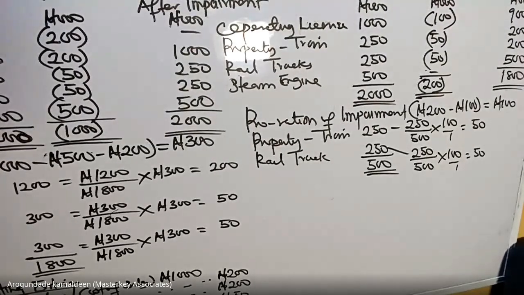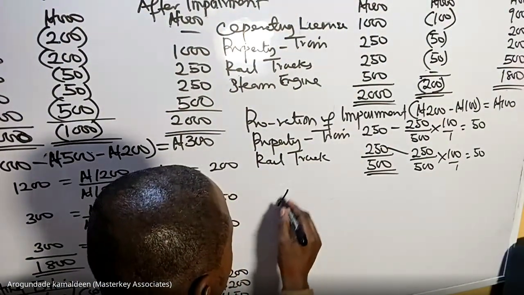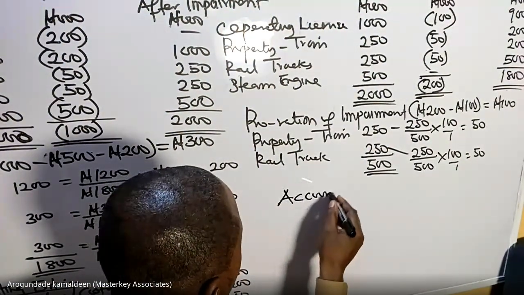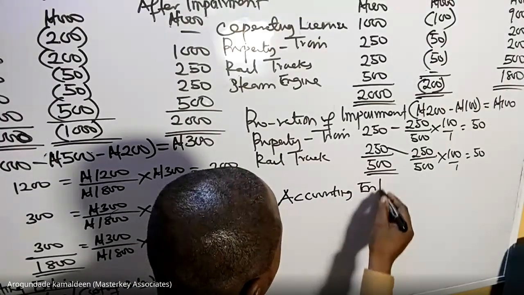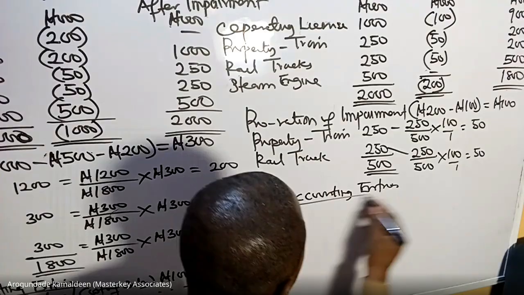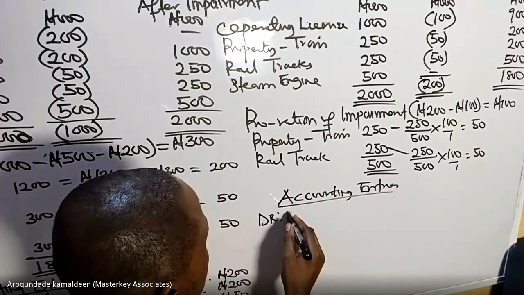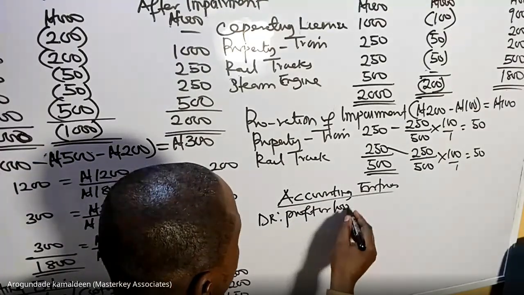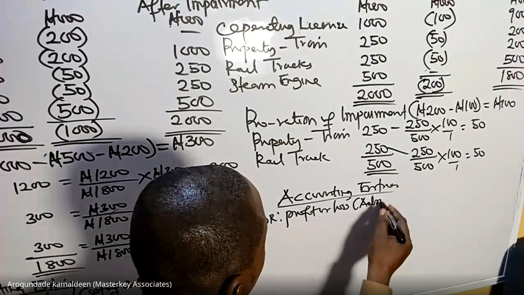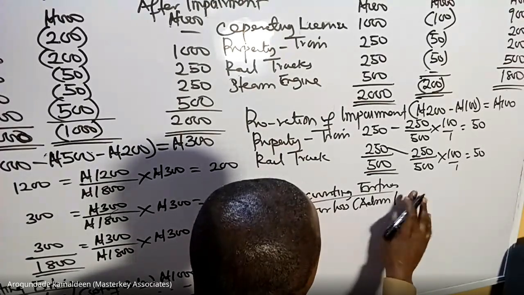So the accounting entries now. Debit the profit or loss, the admin or the cost of sales.